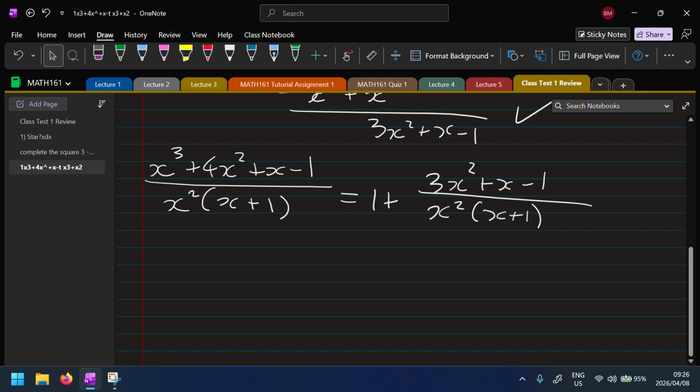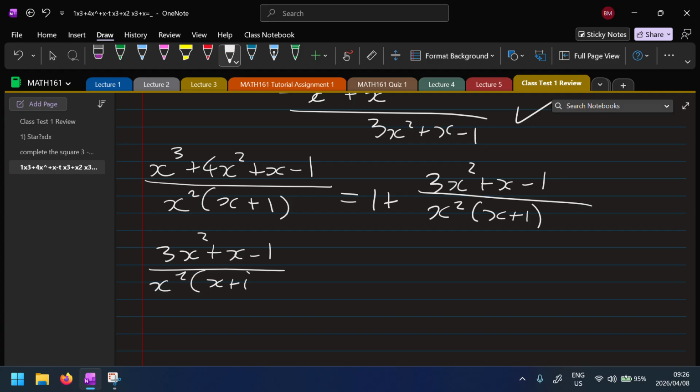Okay, so let's split it up. So we're going to have a over x, b over x squared, and c over x plus 1.